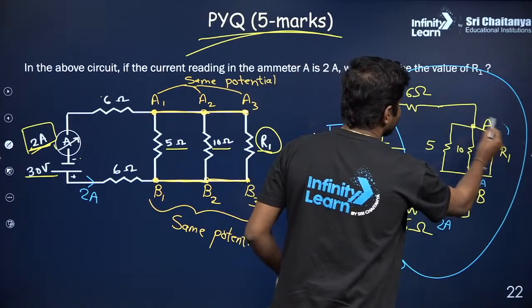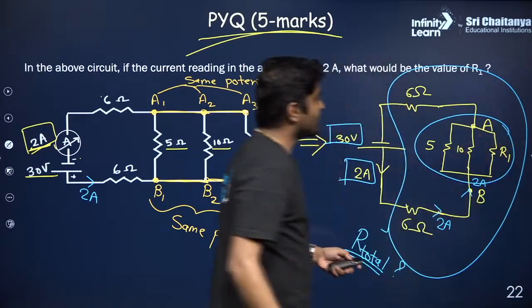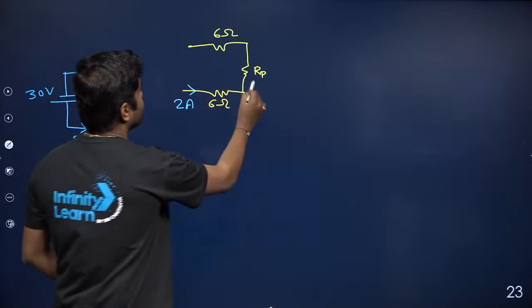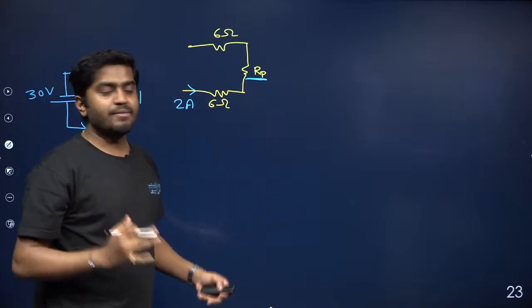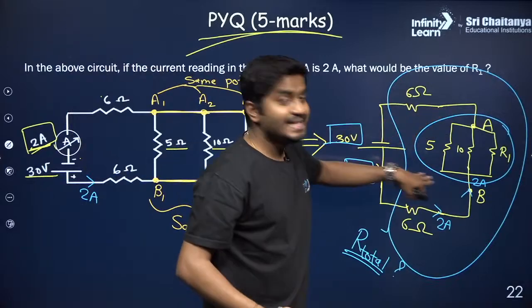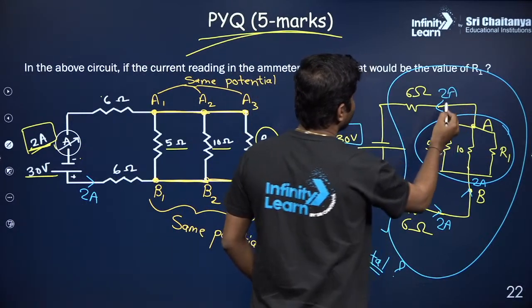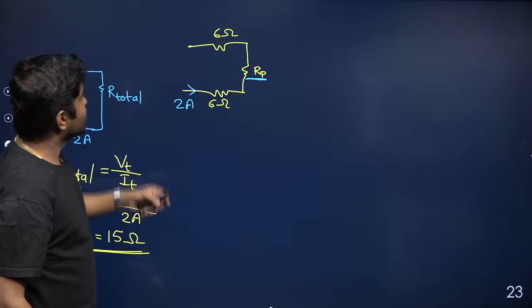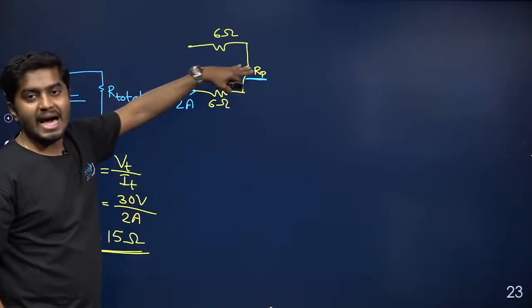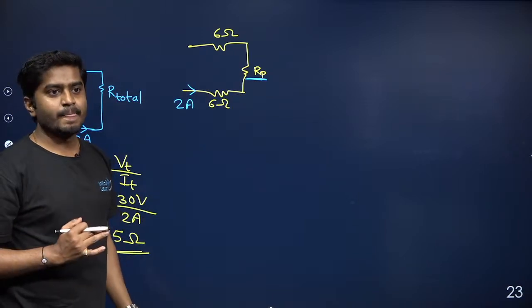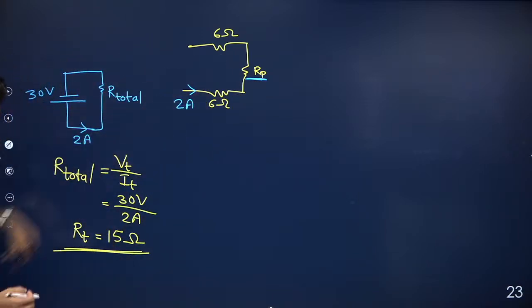But if I assume this as a single resistance, which is our RP, the equivalent of these 3, and again the same current 2 ampere flowing through it, that means this 6 and RP, they are in series, and the total resistance is given as 15.